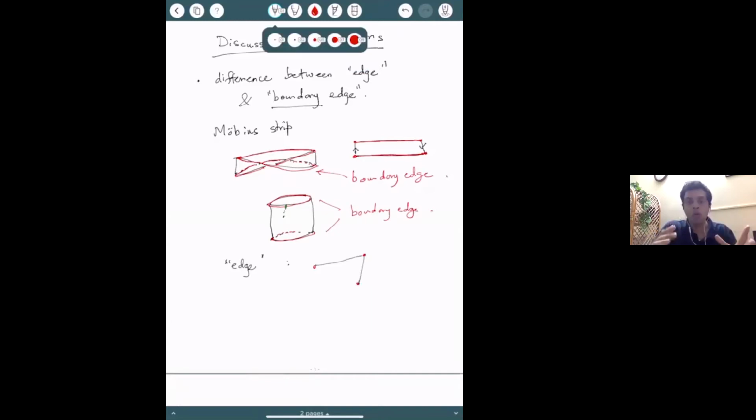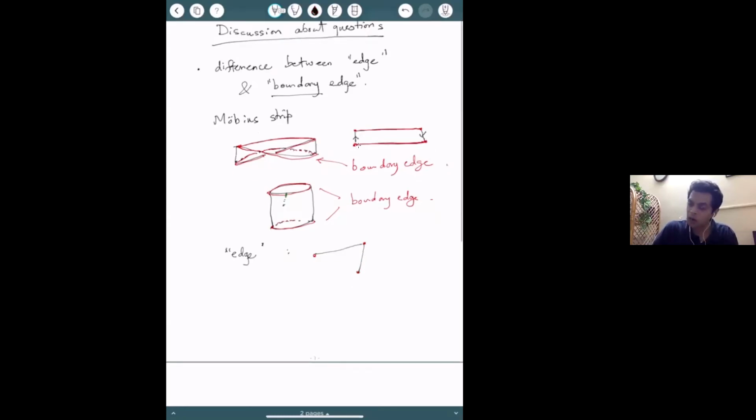So a boundary is a boundary of a surface, which is a sharp edge that an ant might fall off, and an edge when you're talking about a graph is just a straight line.